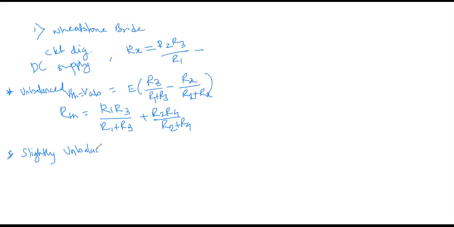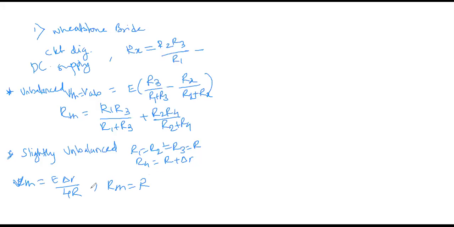In that case, we assumed that R1 is equal to R2 is equal to R3, and R4 is equal to R plus delta R. Then we got Thevenin's voltage ETH or VTH is equal to E delta R divided by 4R, and RTH is the same as that of R. So these points we have discussed in Wheatstone bridge.